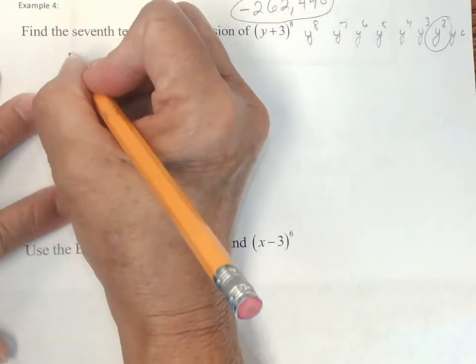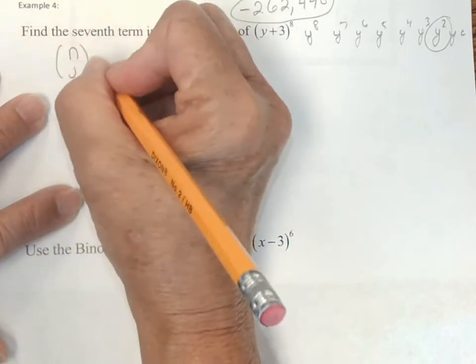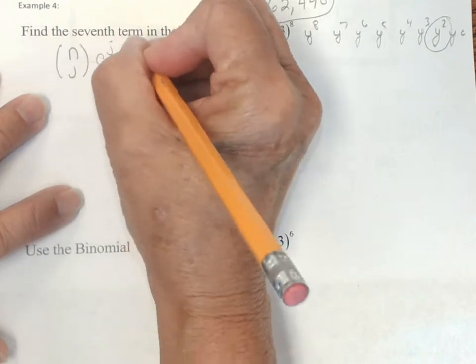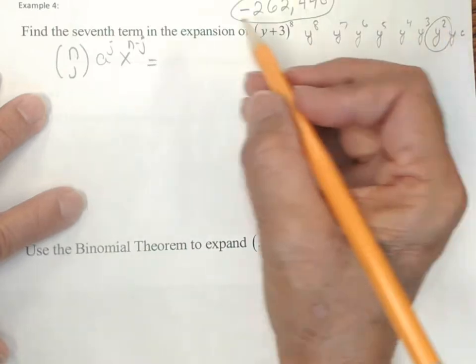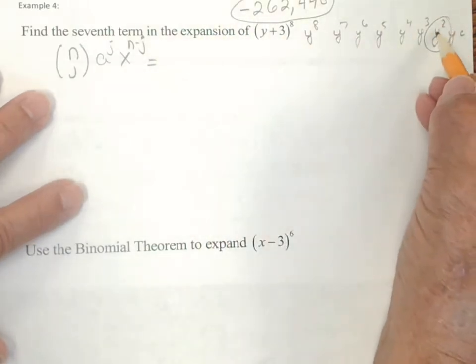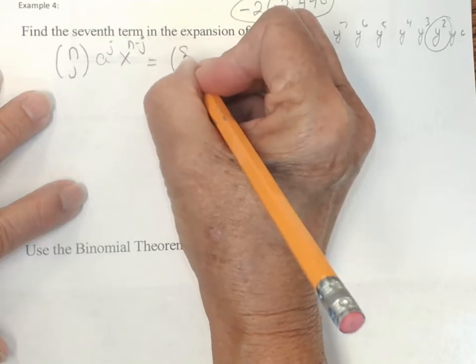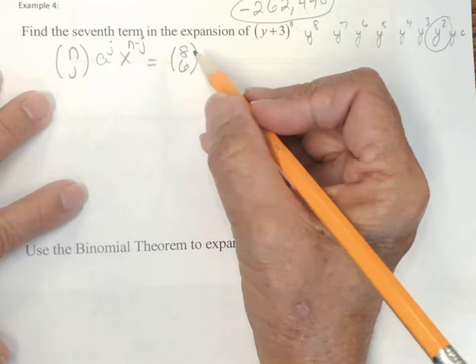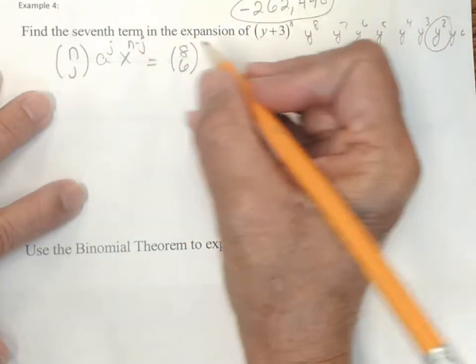And if we keep in mind that n taking j at a time, a to the j power, x to the n minus j power. Well, if I want the 7th term, that's the y squared, so that's going to have to be 8 taking 6 at a time, because 8 minus 6 gives me the 2, so that will give me the squared term there.